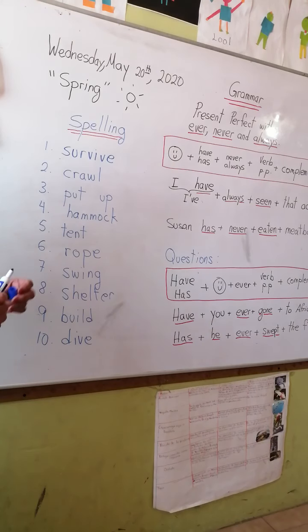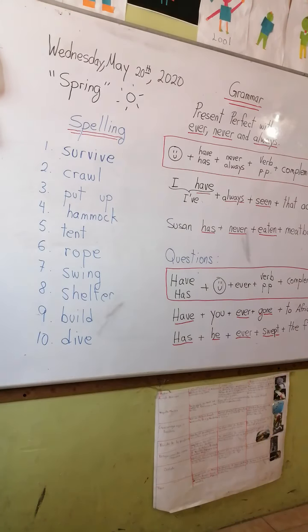D-I-V-E, dive. Perfect, kids. Let's pronounce the words once more. Everybody say it with me. Survive, crawl, put up, hammock, tent, rope, swing, shelter, build, dive.